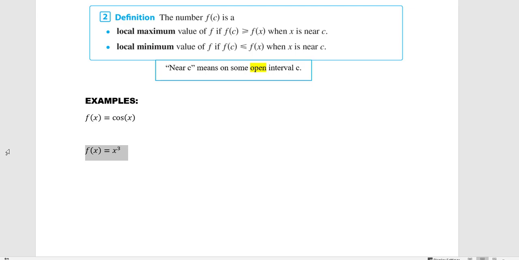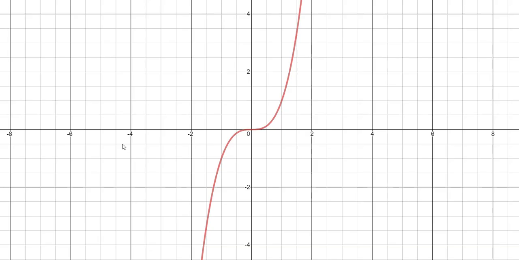f of x equals x cubed. Well, when I look at the function f of x equals x cubed, I don't see any absolute max or absolute minimum, and even the situation of a local maximum or local minimum is hard to see at first.